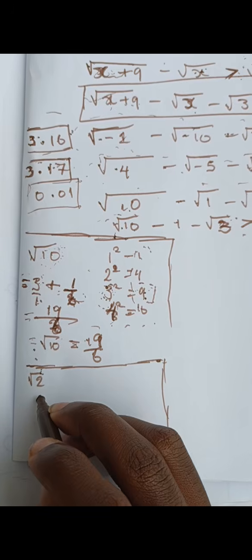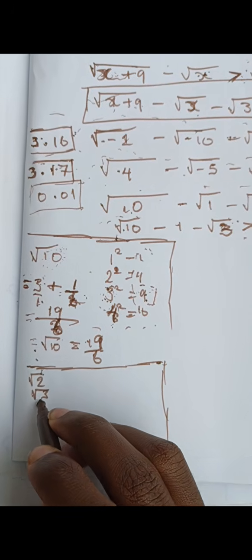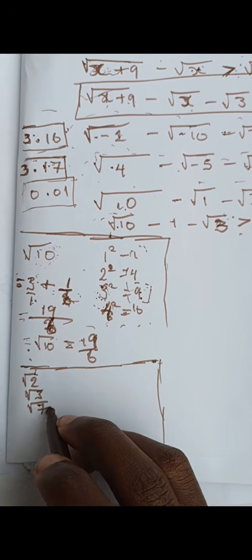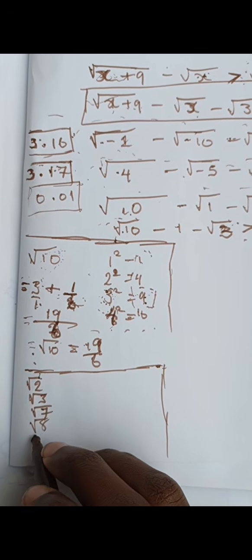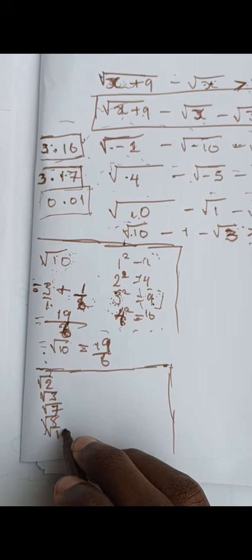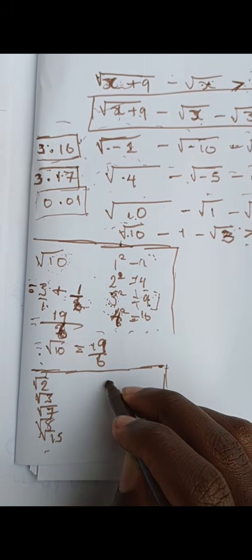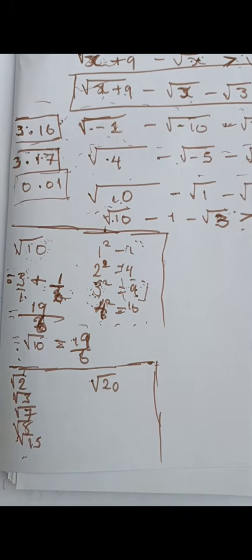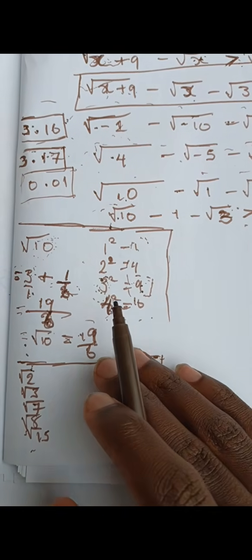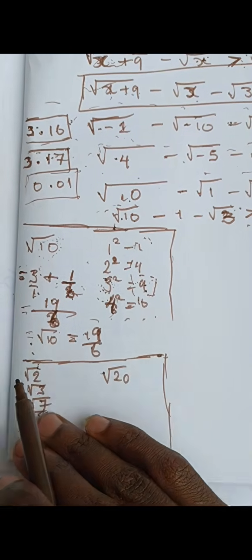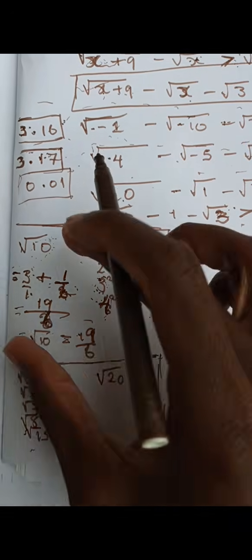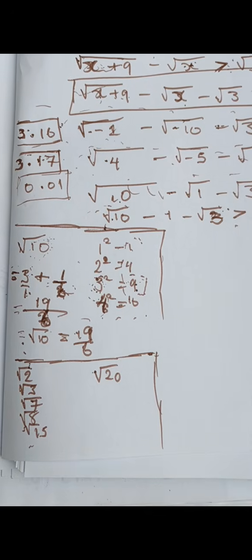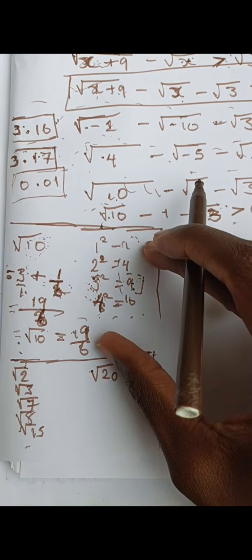Square root of 2, square root of 3, square root of 7, square root of 8, square root of 15, square root of 20. If you see one of these, it doesn't work. If you find yourself with a square root of any of these values on the denominator, don't use this method. You'll be stuck. It's either you get stuck or you get a wrong answer. It produces a wrong figure.